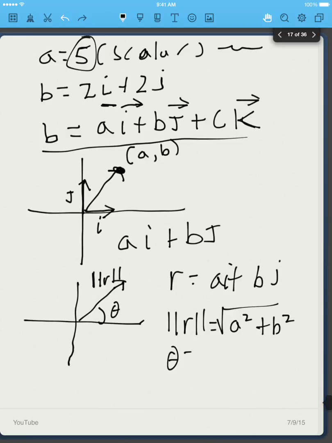Then theta equals the inverse tangent of b over a. So you can represent any vector that you want, find its norm, basically its magnitude, with this, and the angle it forms with the origin with this.